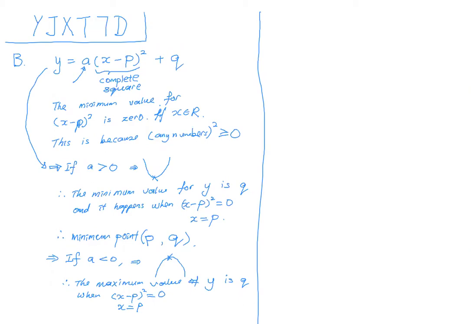So the maximum point, the coordinate is (p, q). So that is the advantage of writing this in the completing the square form. If I want you to know the coordinates of the turning point straight away for a quadratic function, I will present my quadratic function in this form.